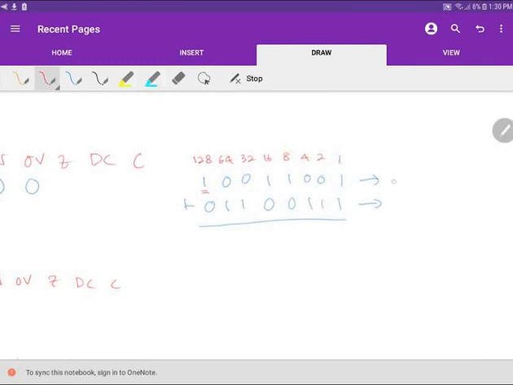So it's negative 103. Now this one is a positive number, so you look at the weightages of the ones. So 64 plus 32, 96 plus 4, 100 plus 2 plus 1. So this is actually positive 103. So now you know why you're getting 0.